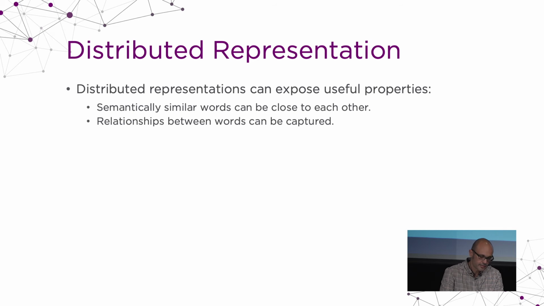The first one is that semantically similar words should be close to each other. And the second one is that we would like somehow to capture the relationships between the words, because again, this is very good information about the semantics of the words that the model can use. So let's focus on the first one.